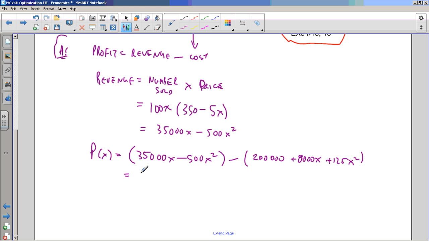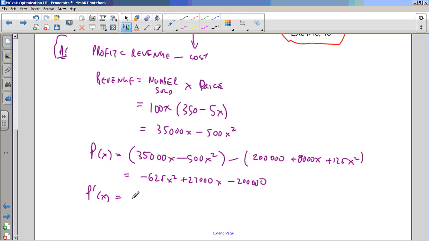Let's collect some like terms. So I see the negative 500 and that's negative 625x squared, positive 35,000. Is that right? 35,000? Sure. 35,000 and negative 8,000 is positive 27,000x, and then minus. We want the maximum profit, and that happens when that is equal to 0.